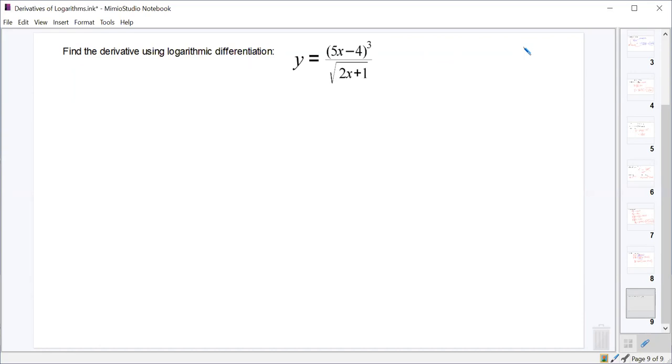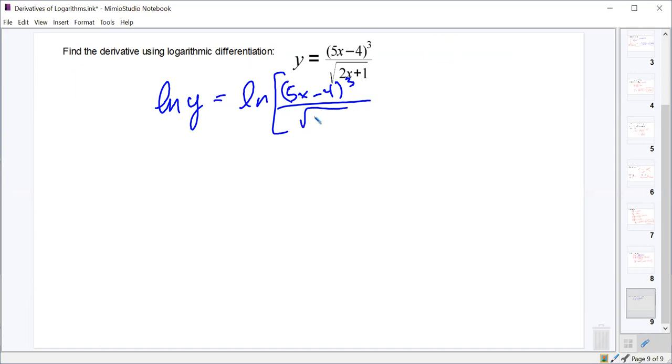So first, we're going to take the natural log of both sides. Is everybody good with that? Good or no?